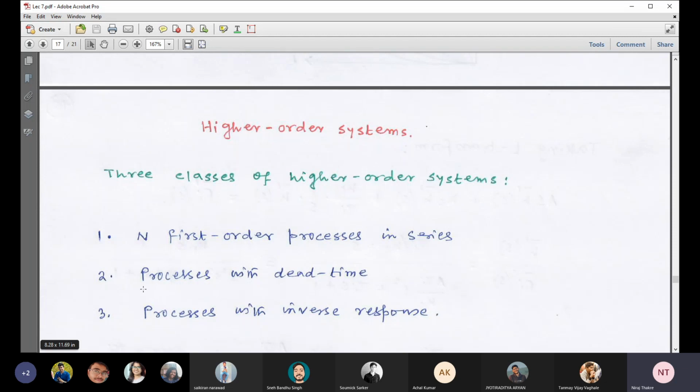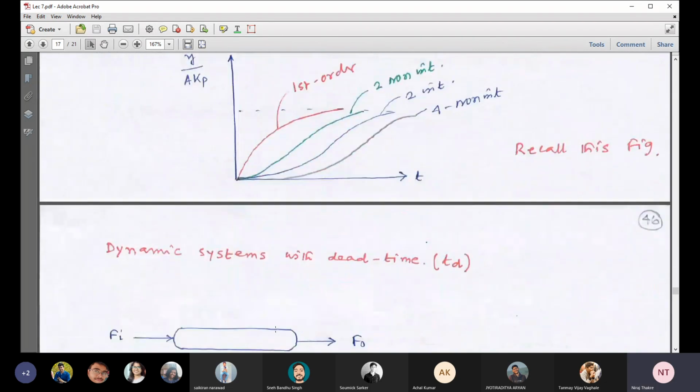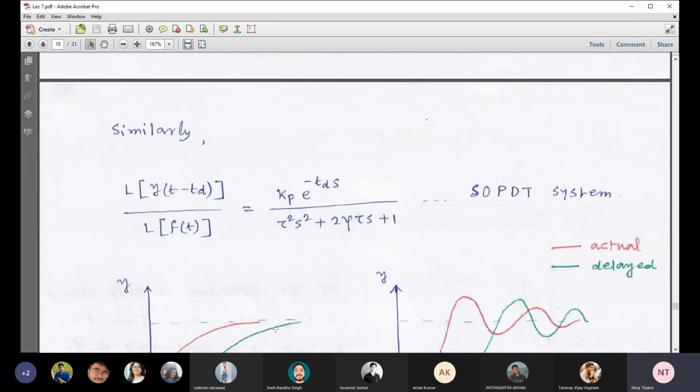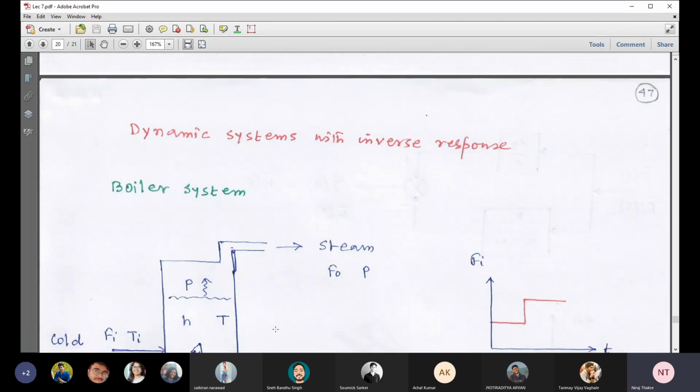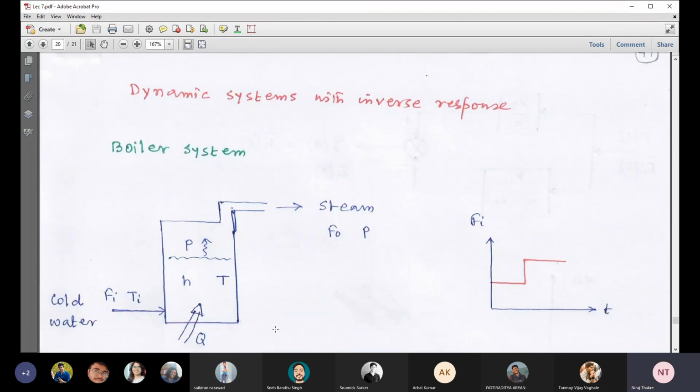Second topic is processes with dead time. This is also covered yesterday. And what is left? That is processes with inverse response. So this third topic we want to cover today, processes with inverse response.